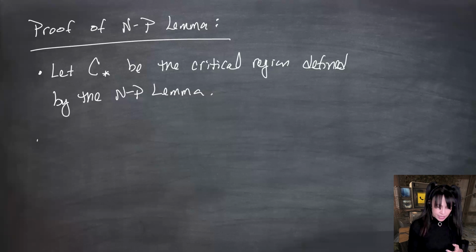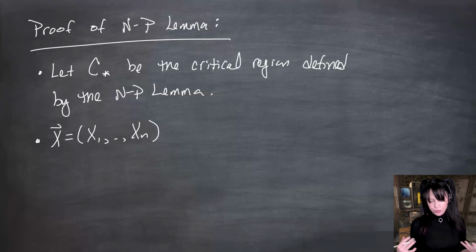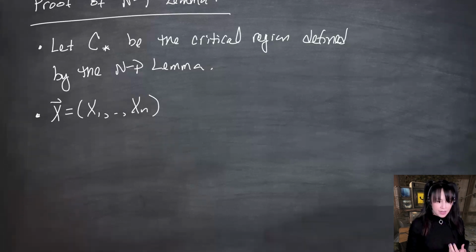And I'm going to use the notation where the vector x is just all the data, x1 through xn. And again, I don't care that this is a row vector because I'm just using x with the vector on it to talk about all the data together. And I'm not actually trying to do any matrix manipulation here.